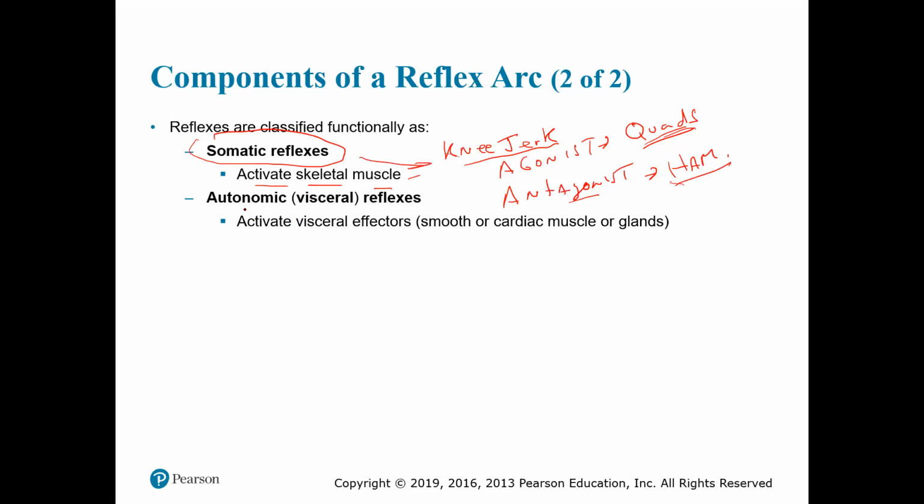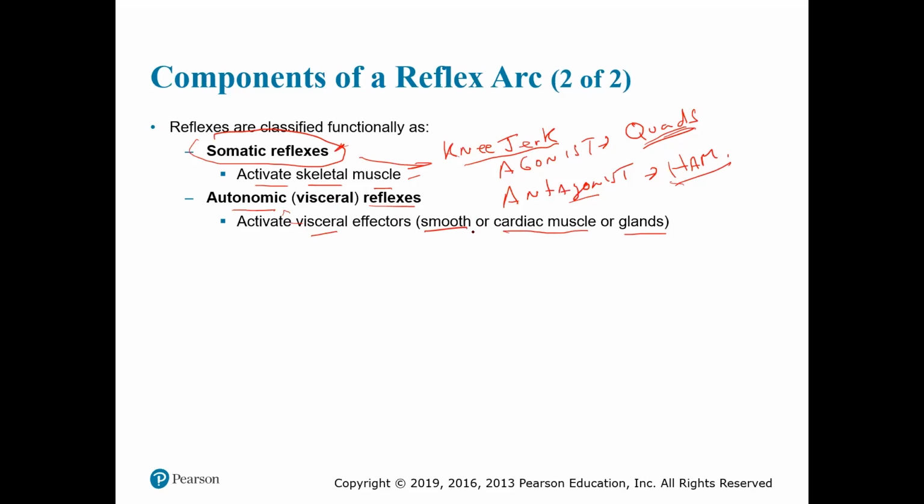Autonomic reflex, of course, is like a receptor that's picking up low blood pressure will send a sympathetic stimulation to the smooth muscle in your blood vessels or the nodes of your heart or the adrenal gland or sweat glands. So that's more about autonomic, right? Parasympathetic, sympathetic. So somatic is about skeletal muscle.